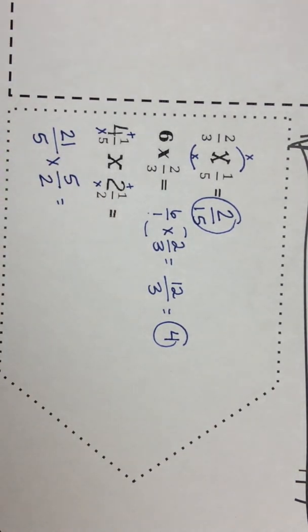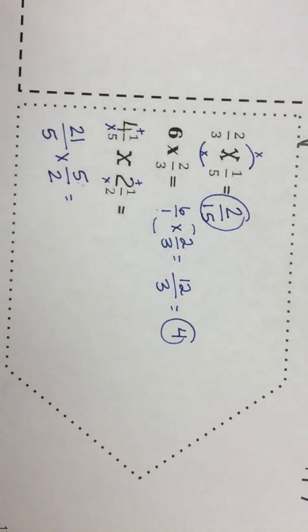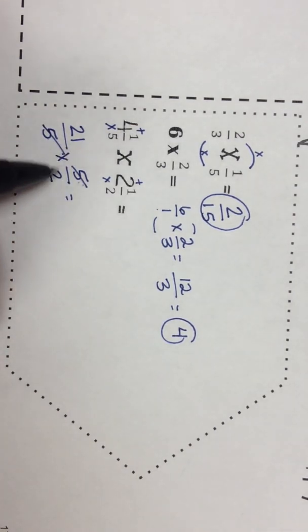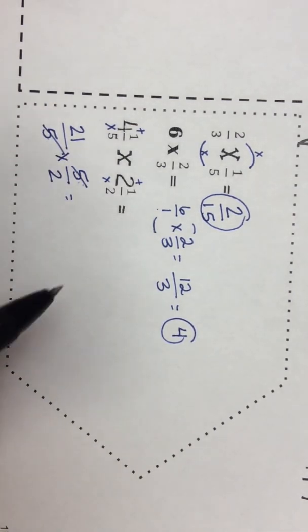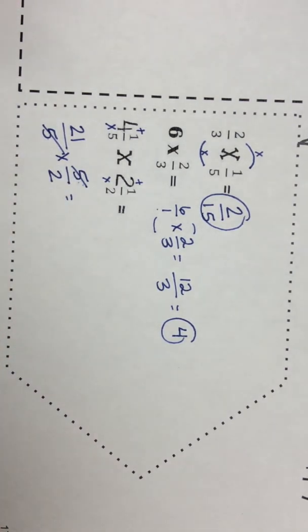Now I'm going to show you a really cool trick. I don't want it to confuse you, I want it to be a useful tool. If I have the same number on top and on bottom, I can cancel them out. That's like saying 5 over 5 is 1. There's a 5 on top and a 5 on bottom, so they cancel each other out.